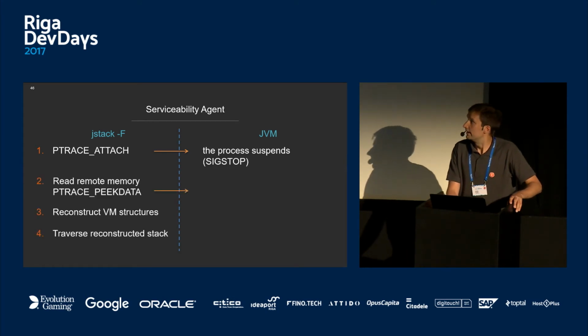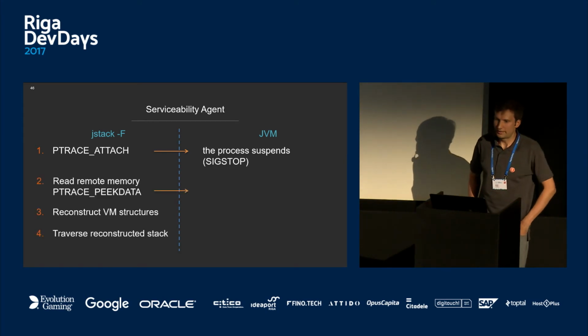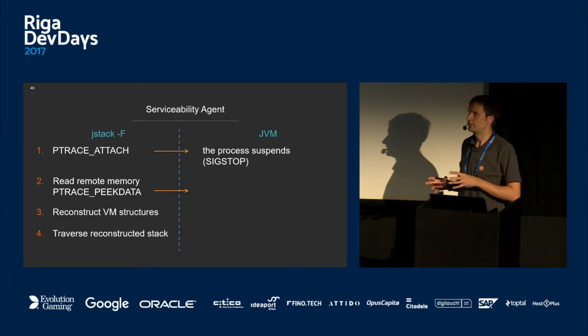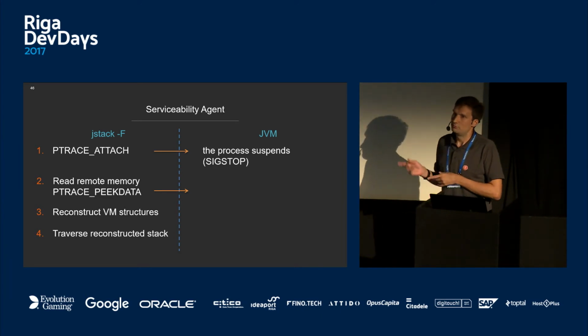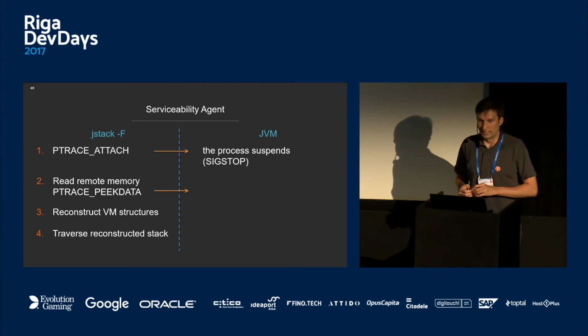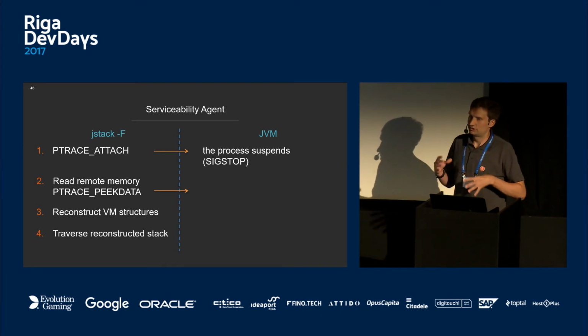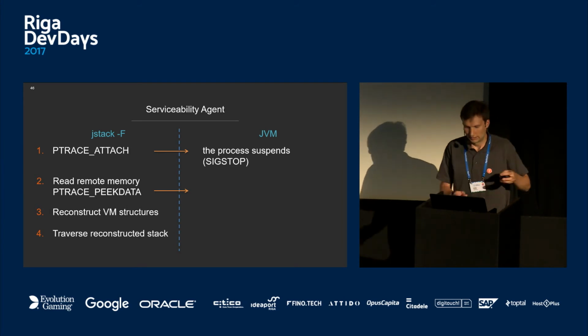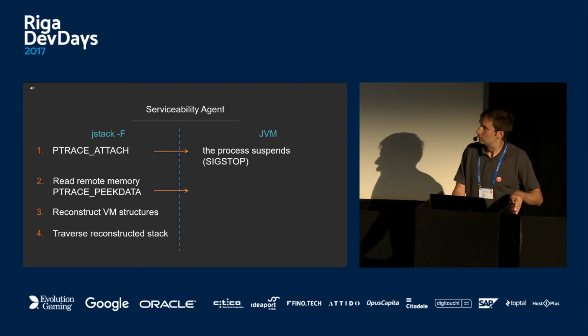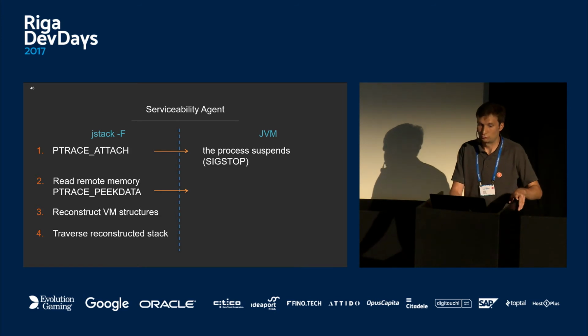And then it uses operating system debugging facilities to read data from the memory of the remote process. And then jstack reconstructs the VM structures and walks through the reconstructed stack.